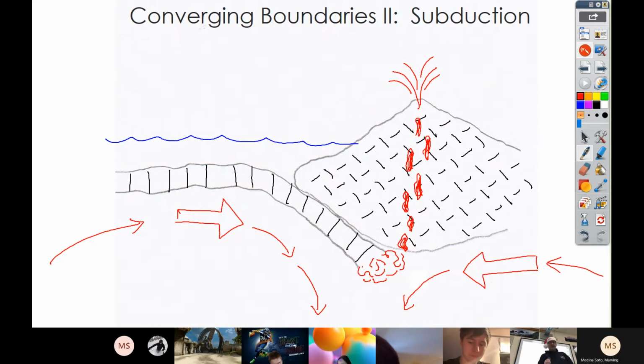So what we're going to do with this diagram, because there's a lot of things going on, is number different parts of it to describe what's happening.